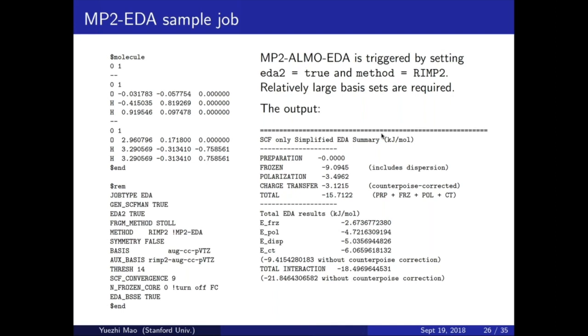The output of the MP2 EDA is also quite simple. First it has a similar section for the Hartree-Fock EDA, a Hartree-Fock only energy decomposition result, and it's followed by a section for the total MP2 EDA print.